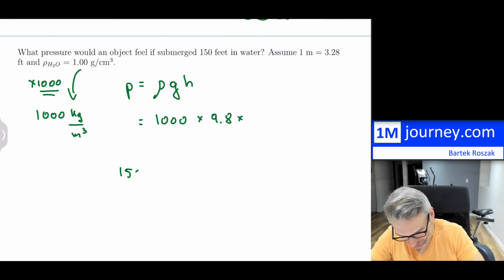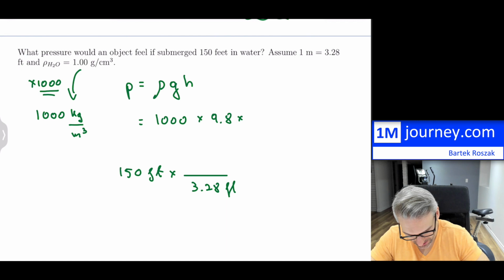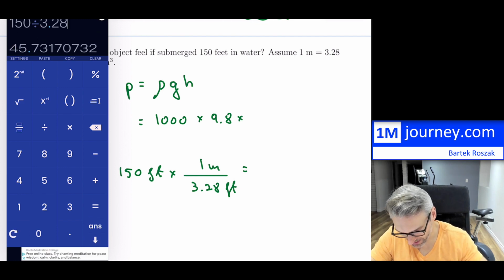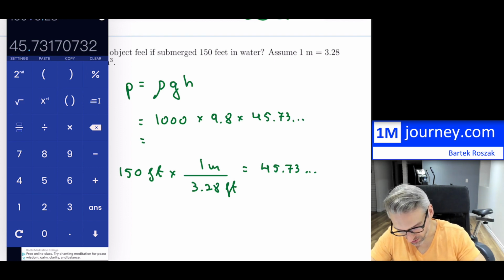Now I have to be careful. I have to change the feet back into meters just to make it metric standard. So this is going to be 3.28 feet, this is 1 meter, so 150 divided by 3.28, that's 45.73, etc. Now I have this on the calculator, so I can punch this in and find out what that pressure is.